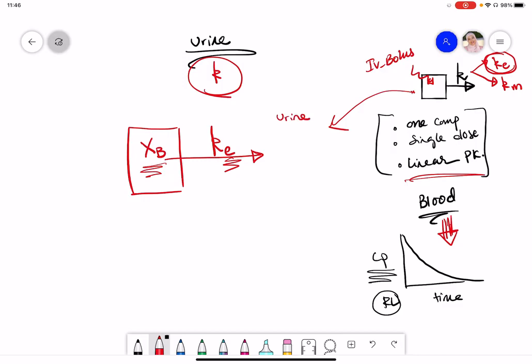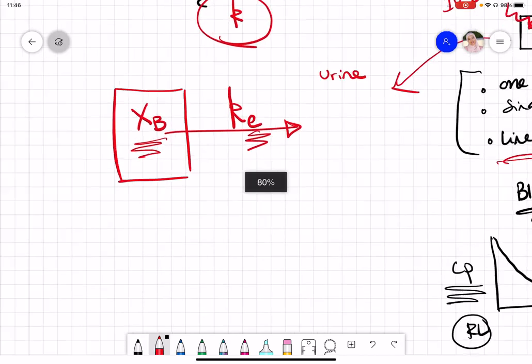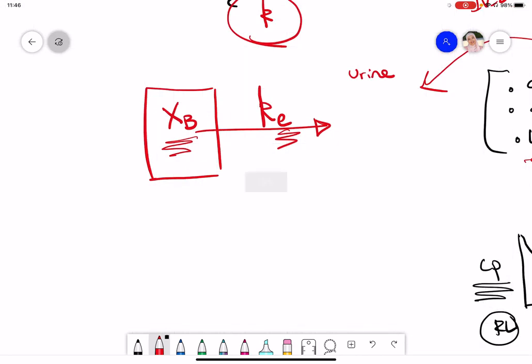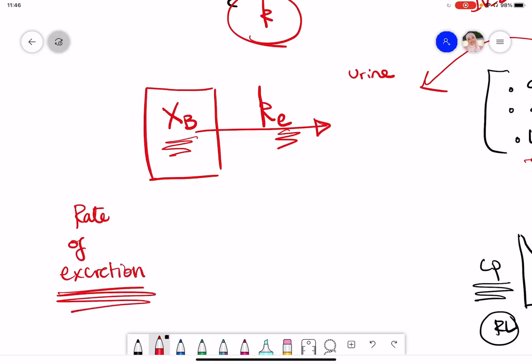So if I write the differential equation of the rate of excretion, just remember that we are now talking about excretion rather than total elimination.